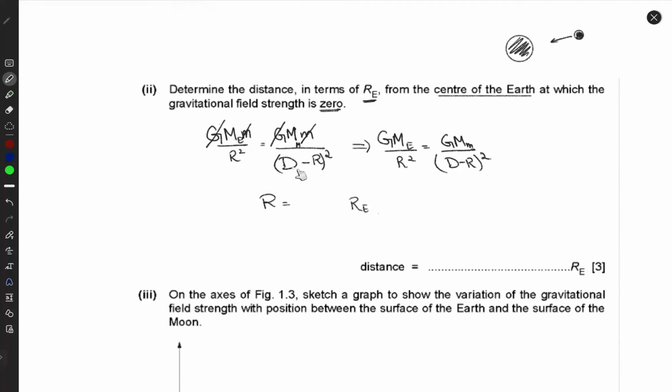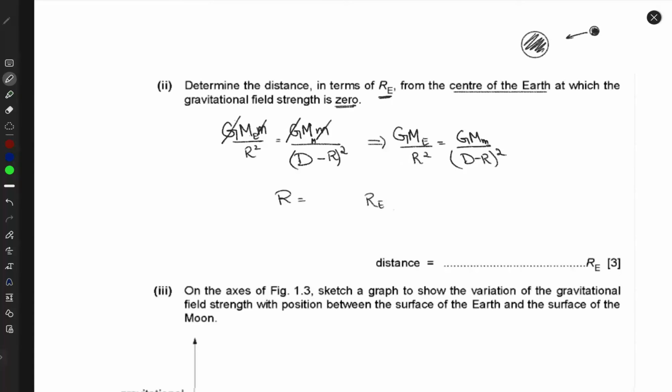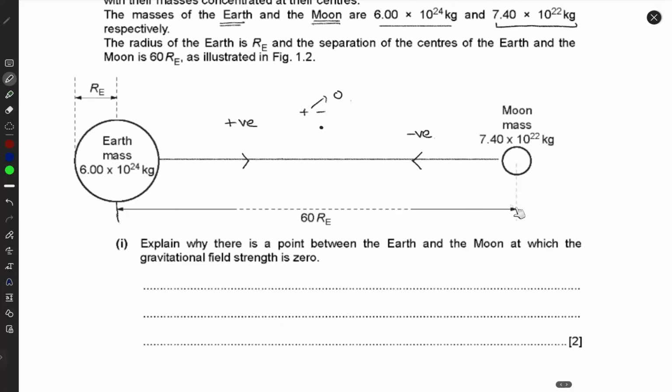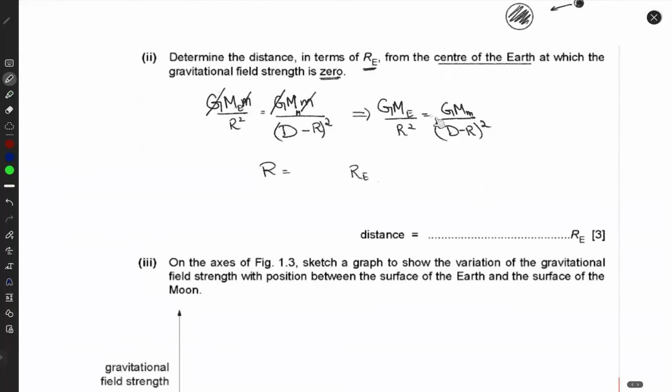What would be the value for D, by the way? It's this total distance, right? So in place of D, you will have 60 RE. And so that's where you get this in terms of RE, and then you'll get a value by solving this equation. So the G's go away.